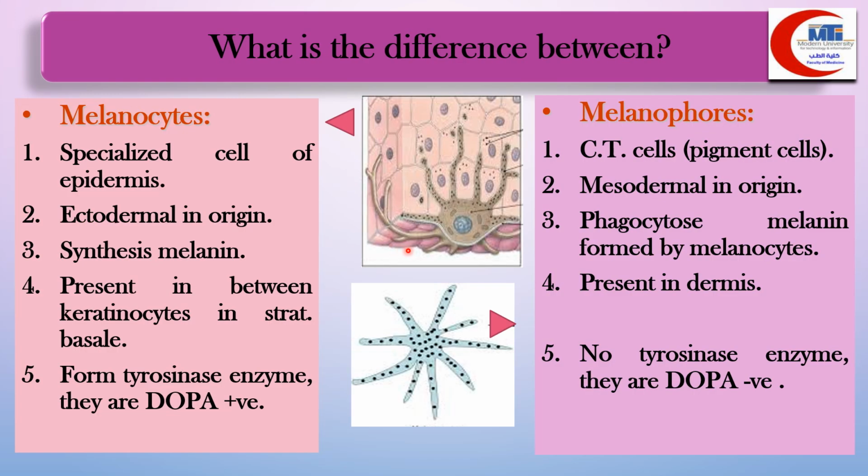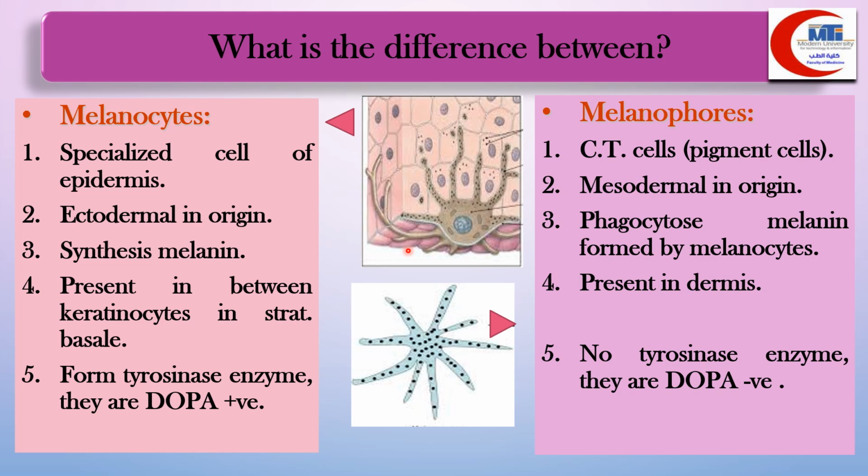Okay, let's now know what is the difference between melanocytes and melanophores. Melanocytes, as we mentioned, are specialized cells found in the epidermis between the basal cell layers and have many cytoplasmic processes. They are ectodermal in origin, responsible for the synthesis and production of melanin.